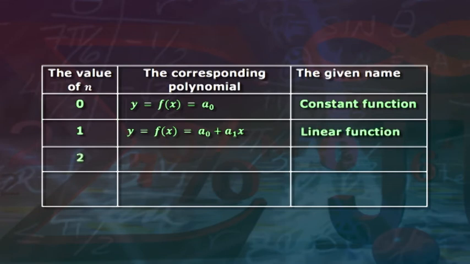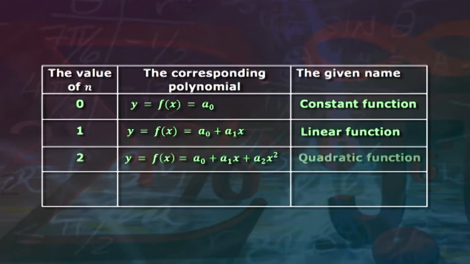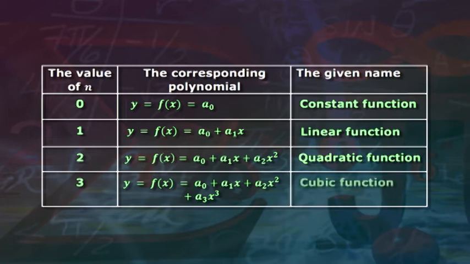When n = 2, we have y = f(x) = a0 + a1 x + a2 x square, which is known as a quadratic function. When n = 3, y = f(x) = a0 + a1 x + a2 x square + a3 x cube is called a cubic function.